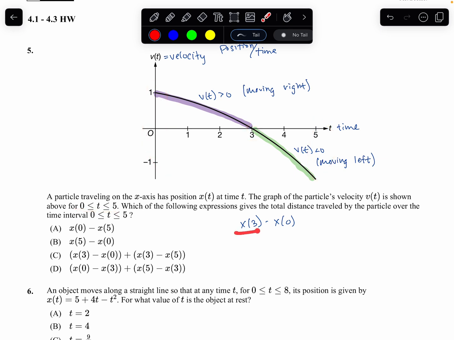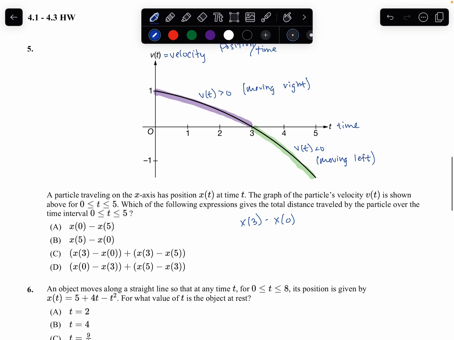So if I take the position at 3, subtract the position where the particle is at 0 right here, this would give me distance, or it's like how much it moved to the right. And then if I want to find how much it moved left, well, I would need the position at 5, and I would need to subtract the position at 3.